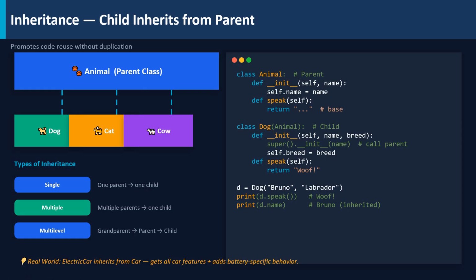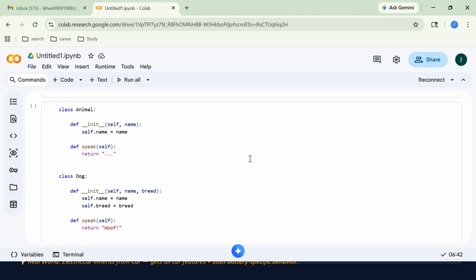Now let's understand one example: what will happen with inheritance, and what will happen if I do not use inheritance. So I will show you one example. Here animal and dog are classes, but they are not connected by the inheritance rule.